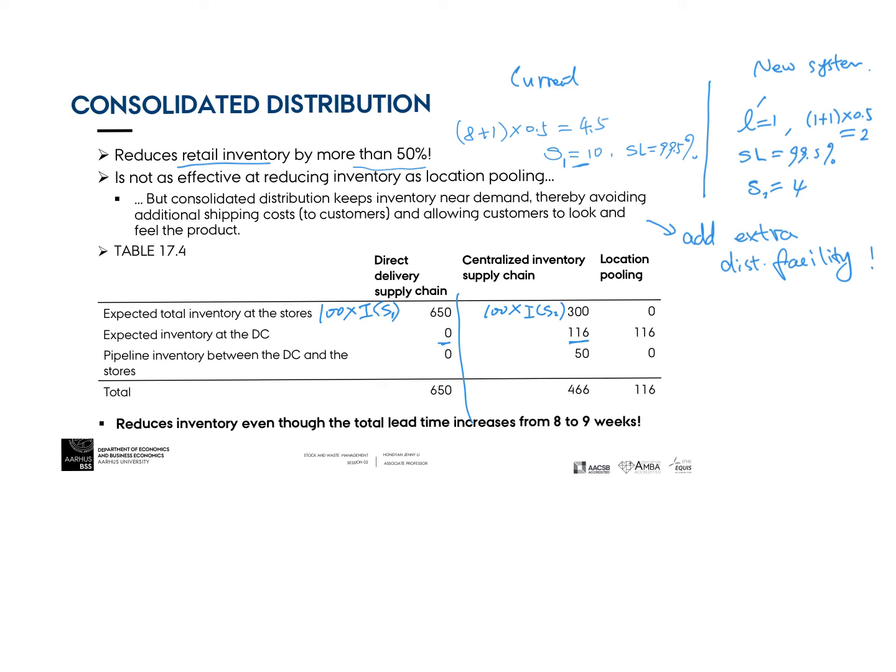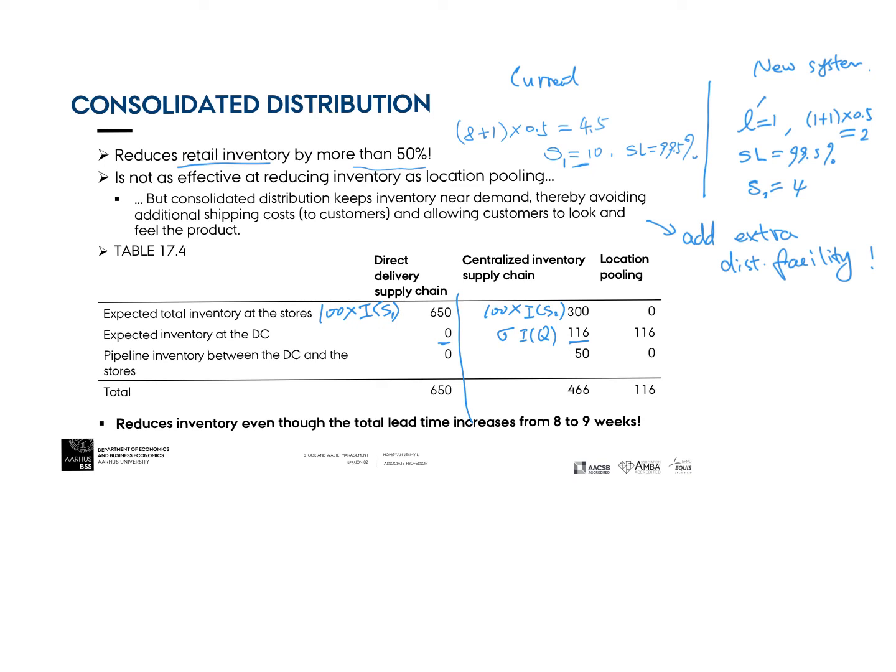If you remember, we can also calculate your expected service inventory levels for IQ, and now you can actually times the standard deviation. That's how you calculate this centralized inventory in the distribution center.